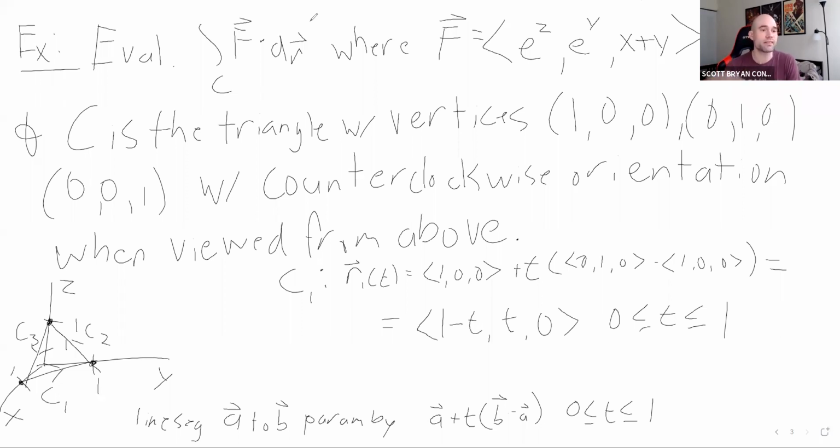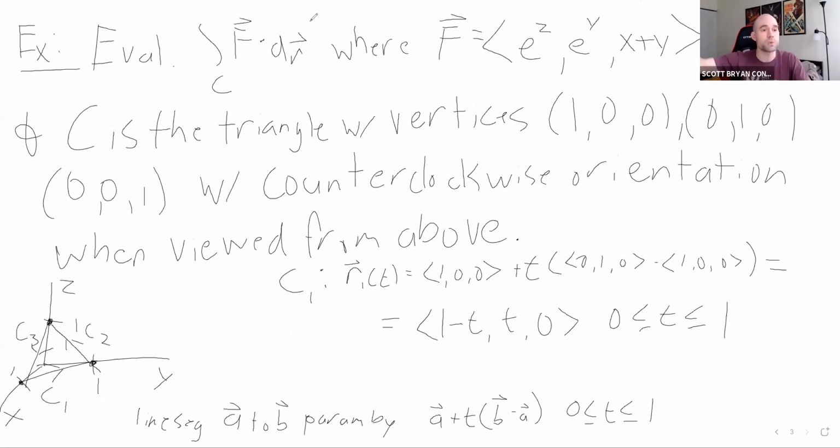Another way to think of this is to look at each component: where you start, plus t times the change from where you start to where you end. For the first component, the x coordinate, we start at 1 and end at 0, so we go down by 1.